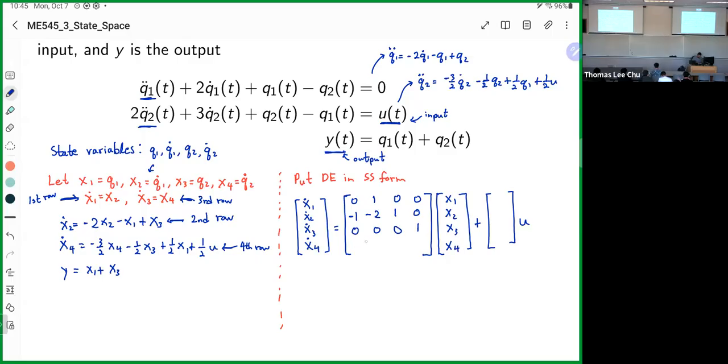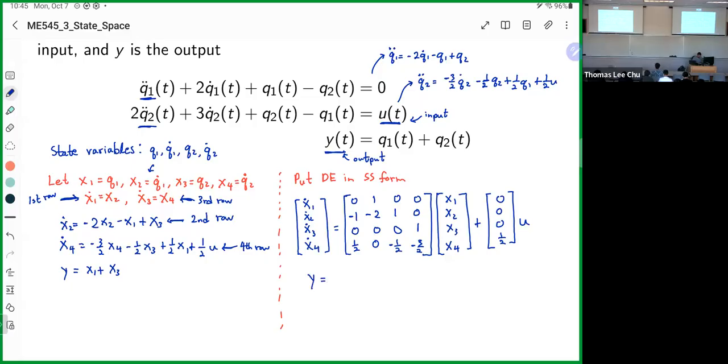And then the last row is going to be 1/2 for x1, 0 for x2, minus 1/2 for x3, and then minus 3/2 for x4. And our input only appears in the fourth row as a 1/2. And that is our A and B matrices.